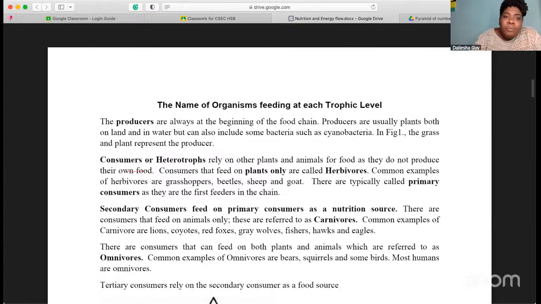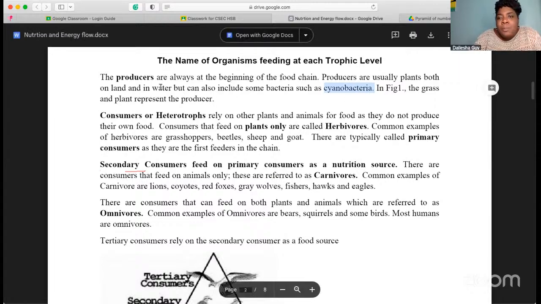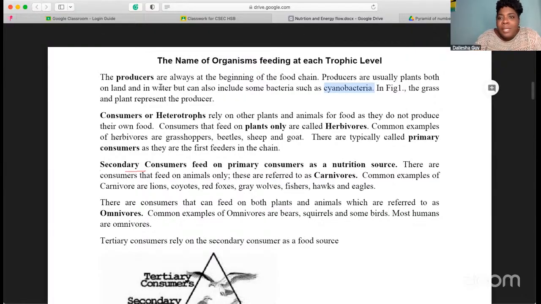All right. So the producers are the start of the chain. As I said before, there are some bacteria, such as the cyanobacteria found in desert areas where there are limited plants. They produce as well. An example of a producer would be grass, plants, berries.